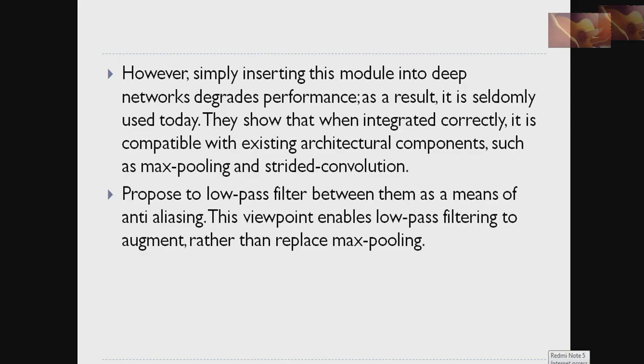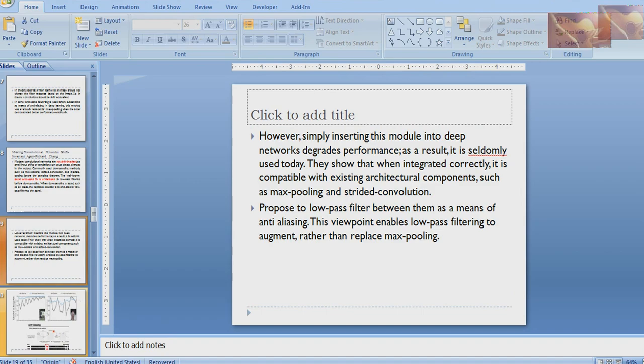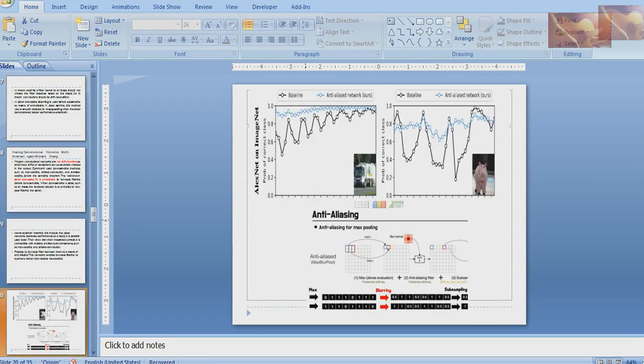They propose a low pass filter between them. Low pass filter means blurring, which is anti-aliasing as per them. This is the basic, general solution that is provided: low pass filtering rather than replacing max pooling. So blurring plus max pooling, augmented.